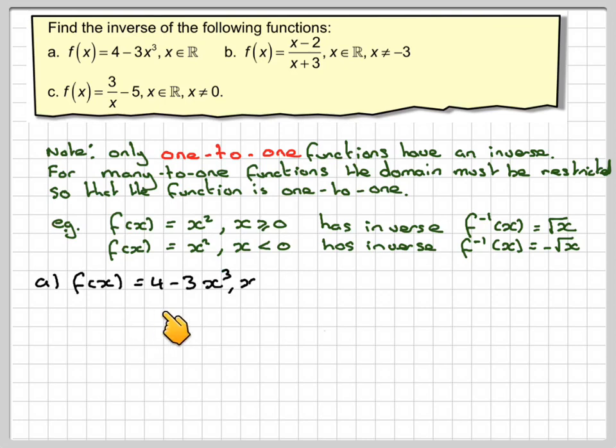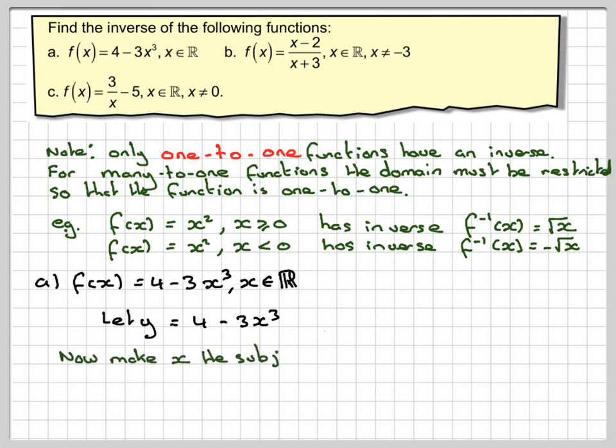Okay, so if you've got f of x is equal to 4 minus 3x cubed, x belongs to a set of real numbers. If you let y be equal to 4 minus 3x cubed, then what you do is you try to make x the subject.